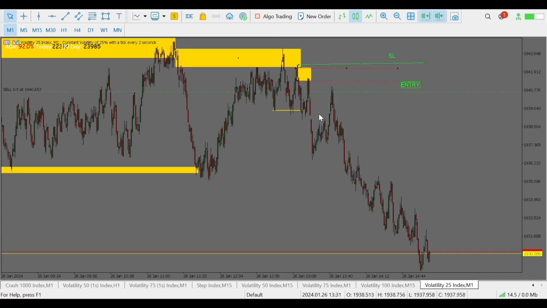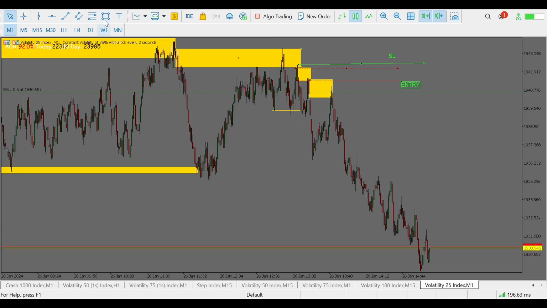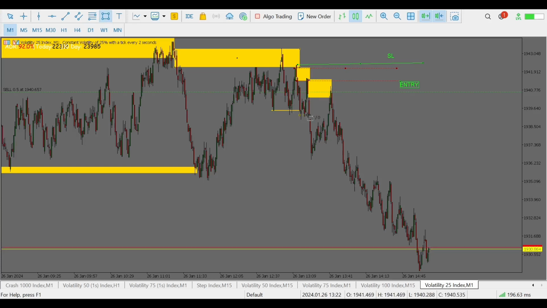If we look at this move again and we missed the earlier entry, we would use this order block as an entry. Why? Because it broke this structure again. This previous low was broken with this impulsive move, and then price came back to that order block, and that's exactly where we entered.